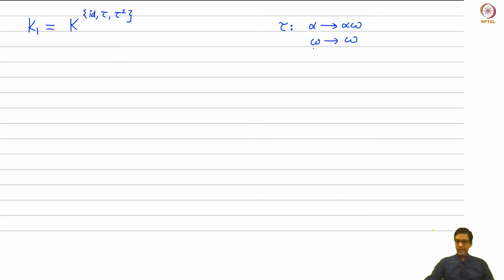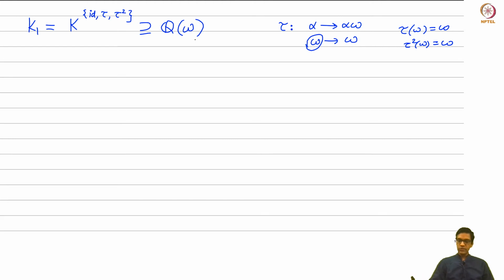So definitely omega is fixed by tau, because omega maps to itself. Any power of omega will map to itself. Omega is also fixed by tau square. So tau and tau square both fix omega. So one thing we know for sure is that Q and omega are both inside this field K1.